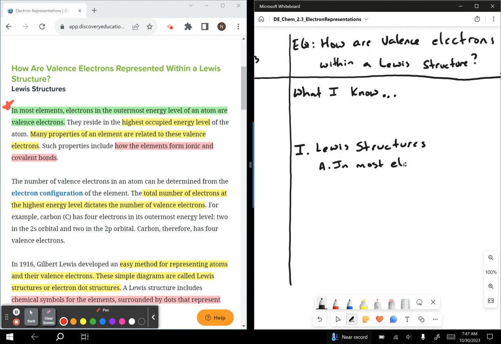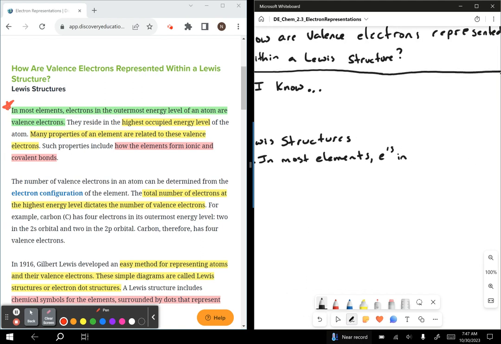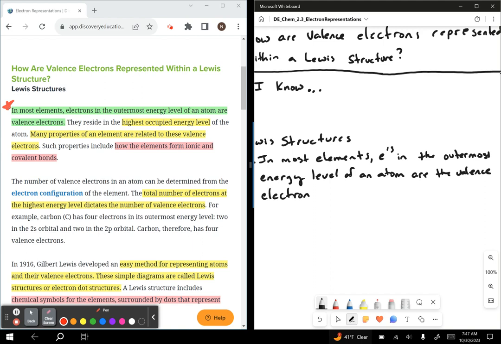In most elements, electrons in the outermost energy level of an atom are the valence electrons. Okay, they are the valence electrons.